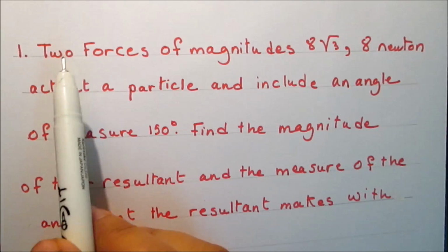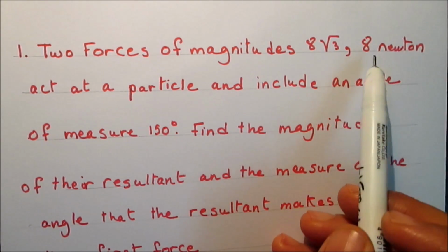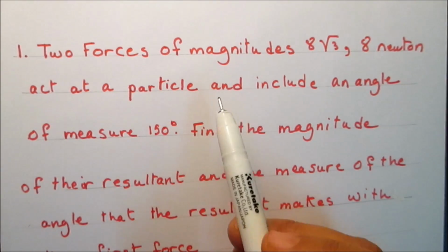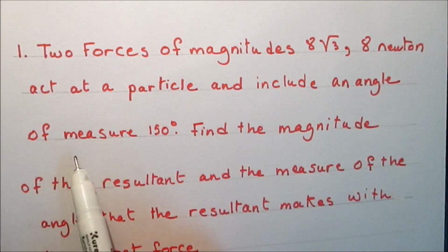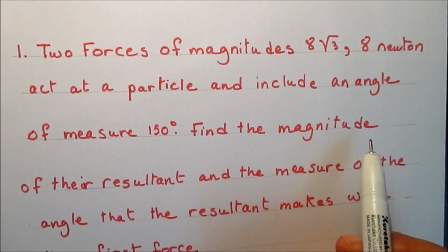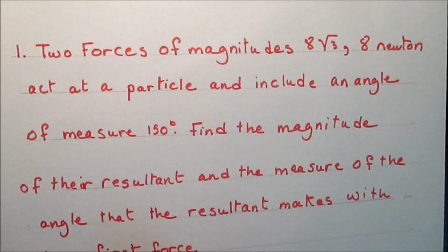Now example 1. Two forces of magnitudes 8 square root 3 and 8 Newton act on a particle and include an angle of measure 150 degrees. Find the magnitude of the resultant and the measure of the angle that the resultant makes with the first force.